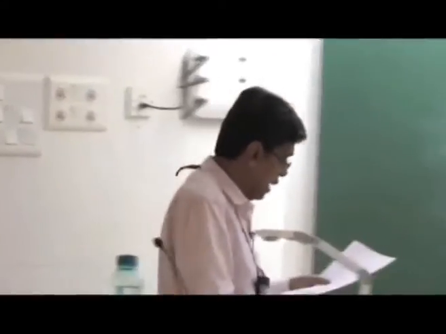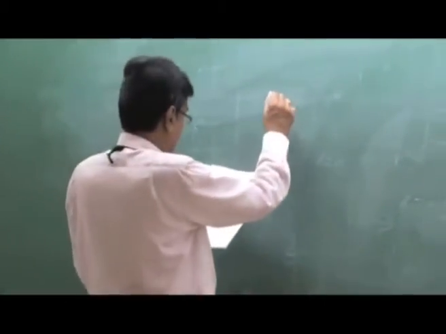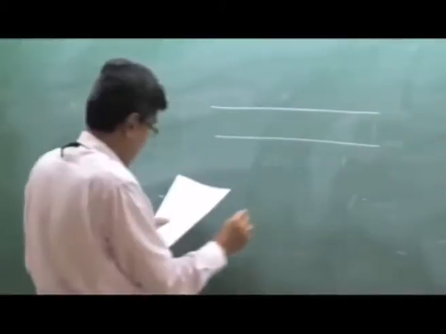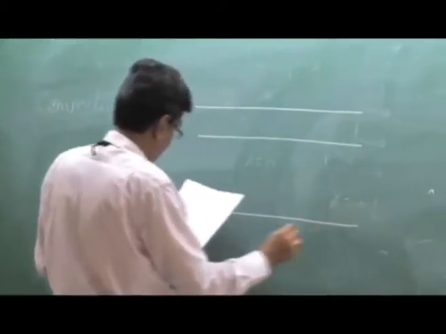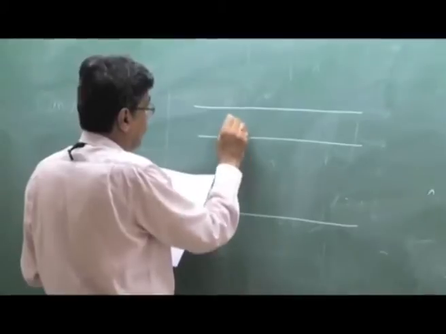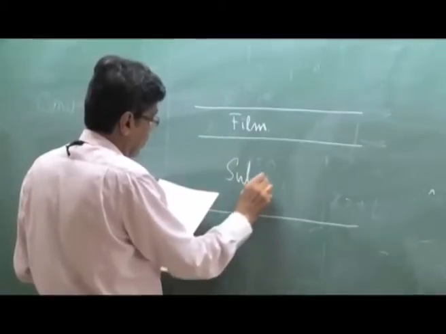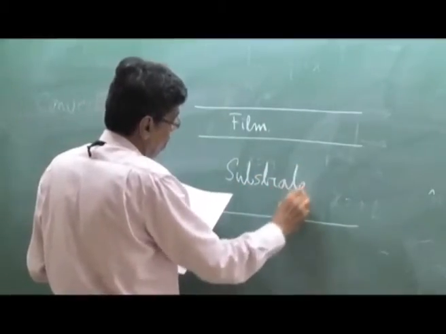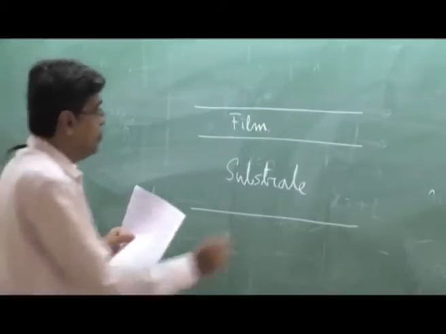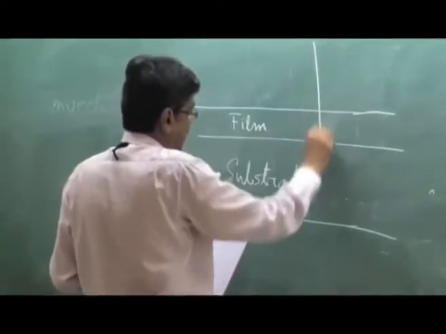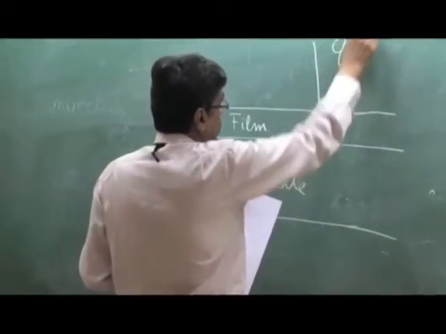What are the temperatures? I have not told LF and this value. This is also shown there. However, I am drawing it again. Don't worry. So this problem, this is film, this is substrate, this is q0 double dot.